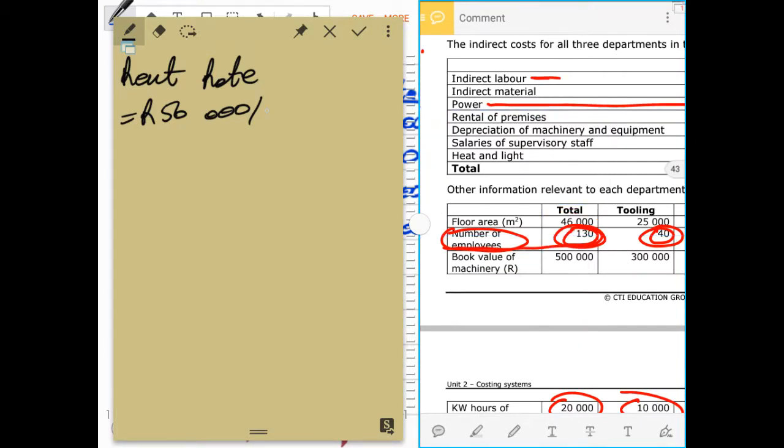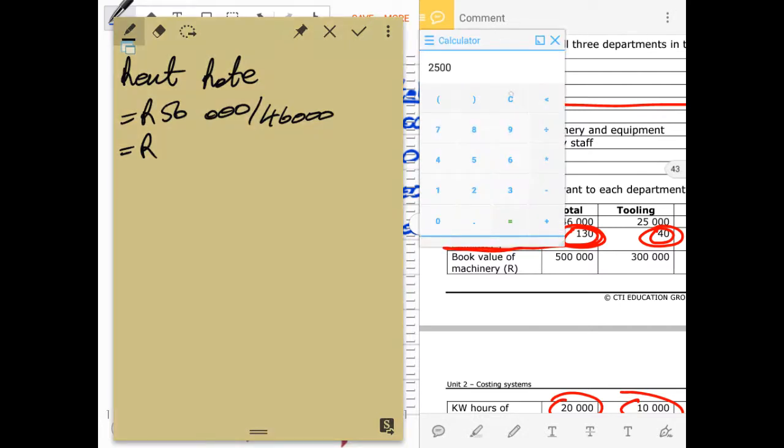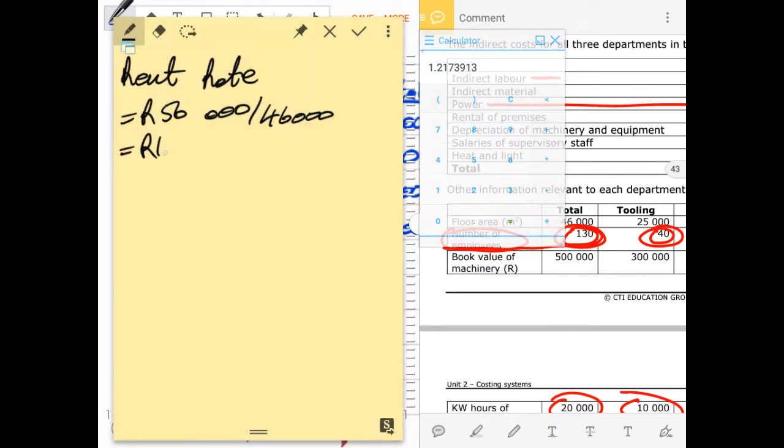So we divide by the total space of 46,000. Then the cost of 56,000 divided by 46,000 will give us the rate of 1 rand 22 cents per square meter.